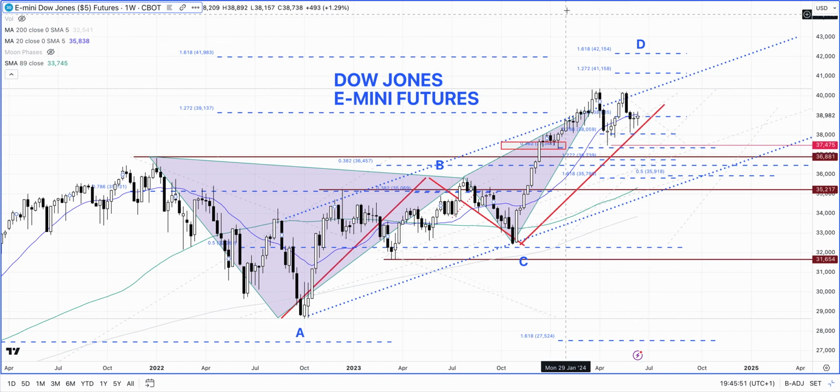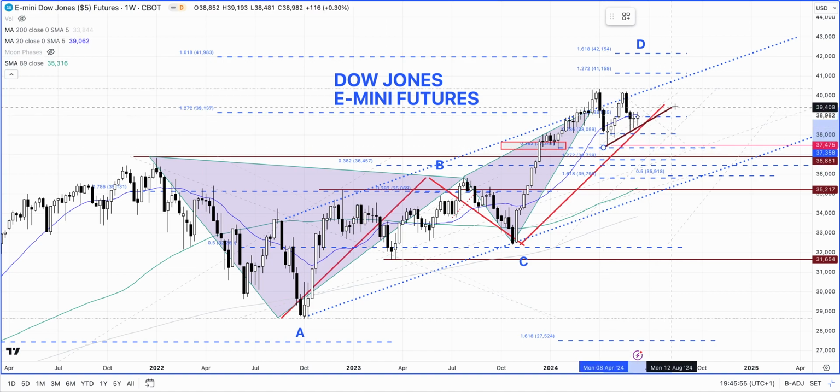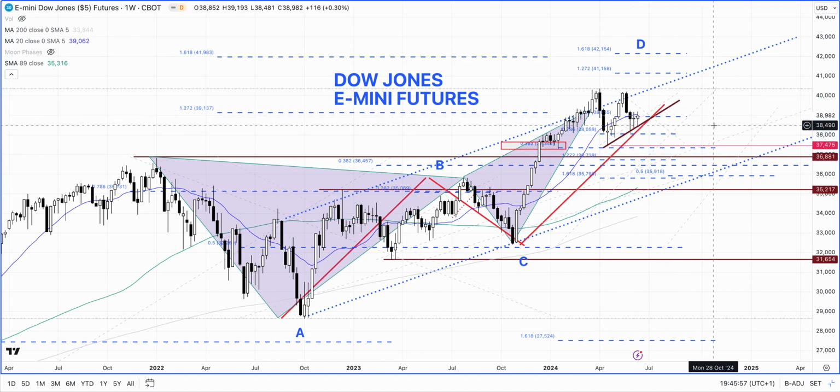So it's a wedge kind of pattern formation here. The most important thing is that I think if we hold this 78.6% retracement on 38,000 and these lows of 37,500 roughly, the market might actually still keep on dragging higher.